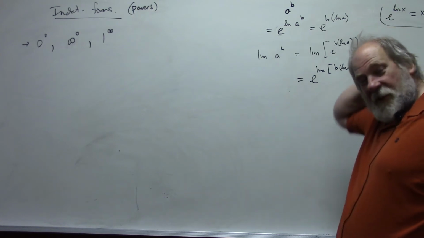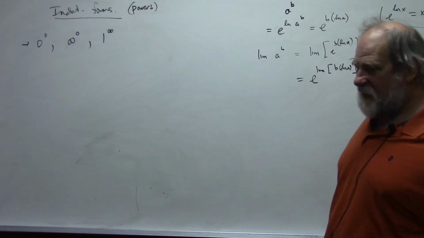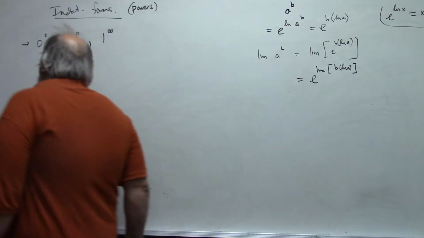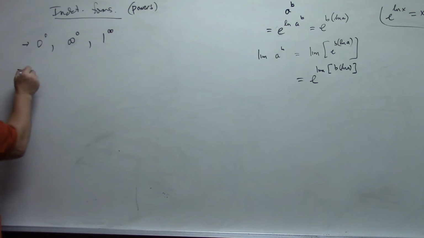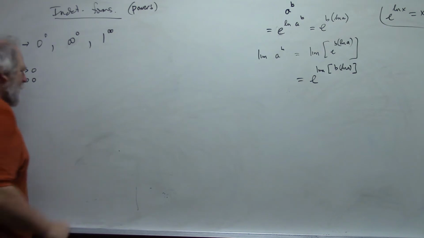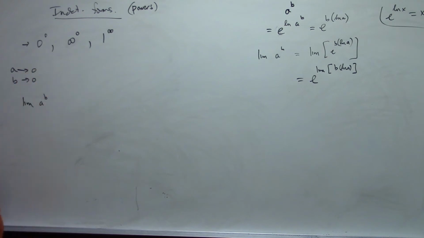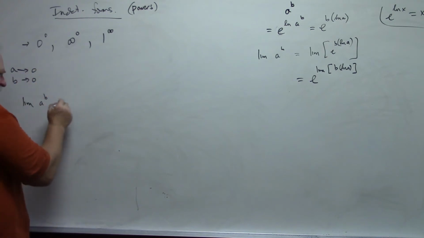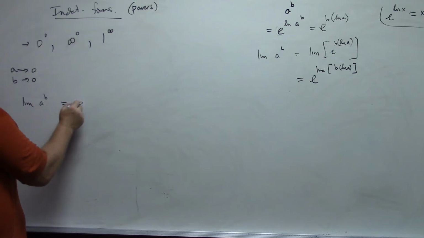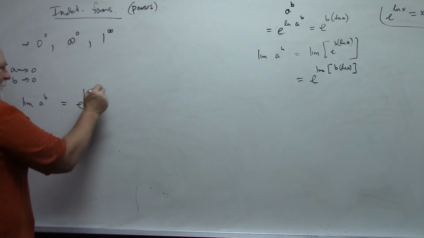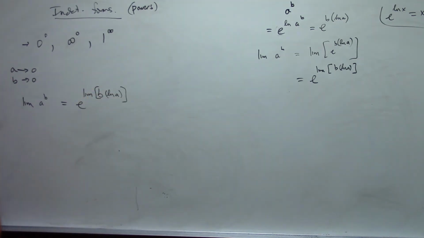Okay, you might be saying, that's nice. How does that help us? Let's see. Suppose in the 0 to the 0 form, a is approaching 0 and b is approaching 0. So my original limit, which gives me the 0 to the 0 form, is the same algebraically as e to the limit of b times the natural log of a, based on the algebra I did.